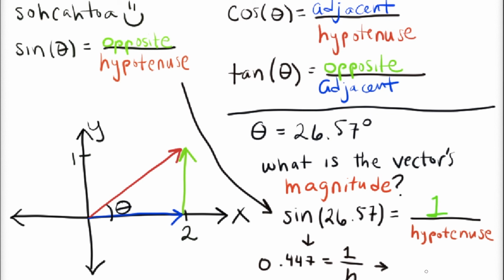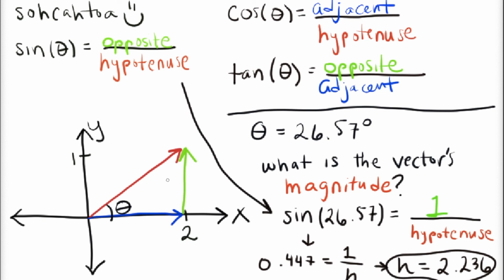Then I just do a little algebra by multiplying h on both sides and dividing both sides by 0.447. I found that h, our hypotenuse, is equal to 2.236. And we're done. That is the magnitude of our vector, 2.236.